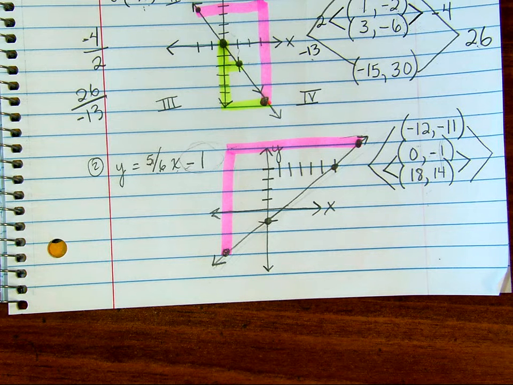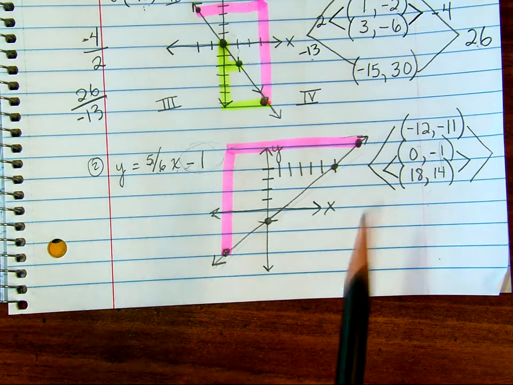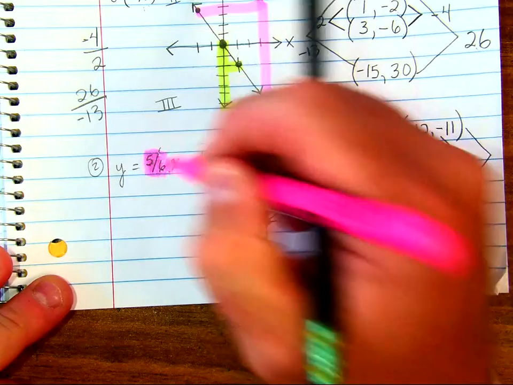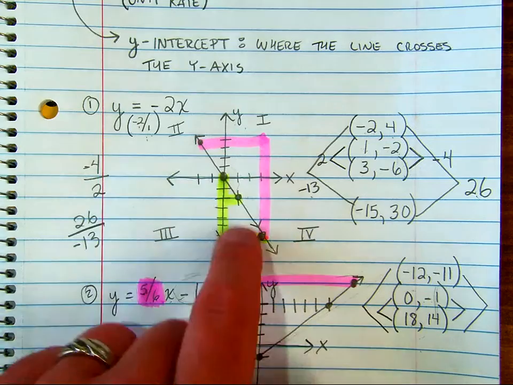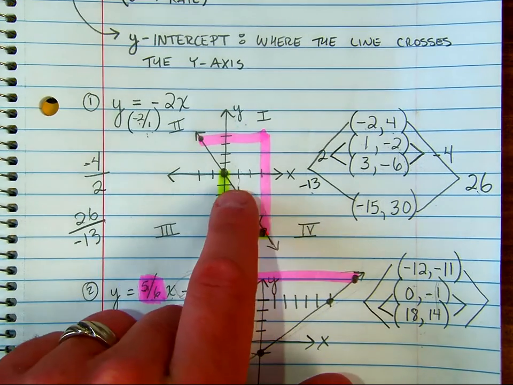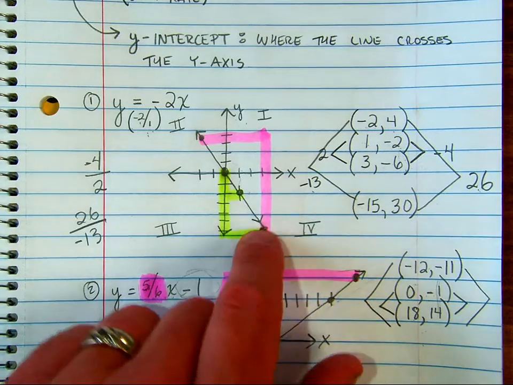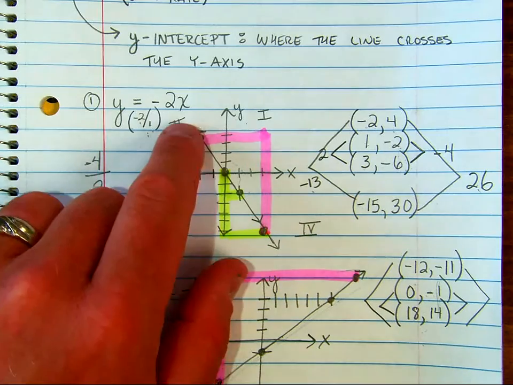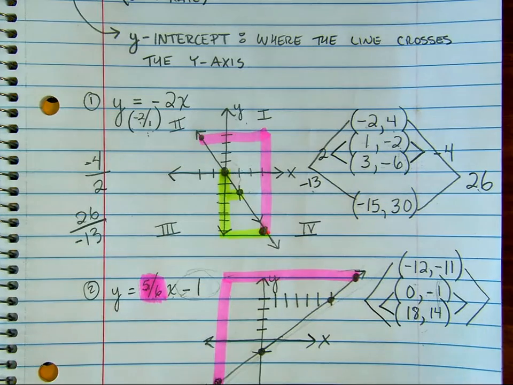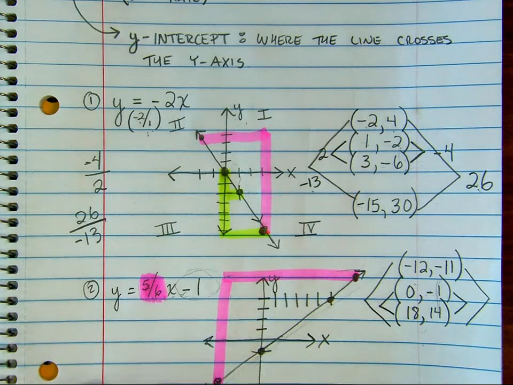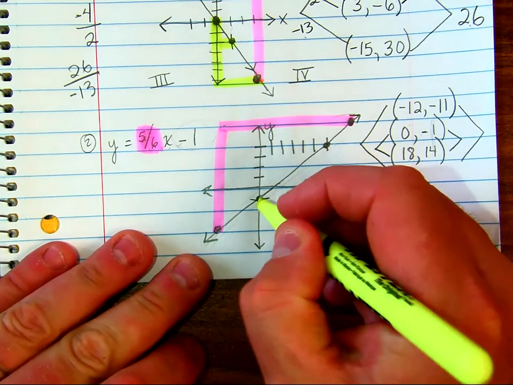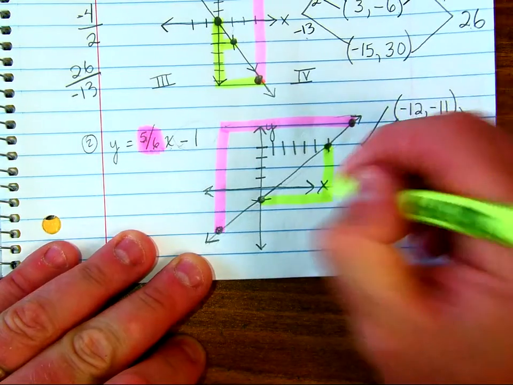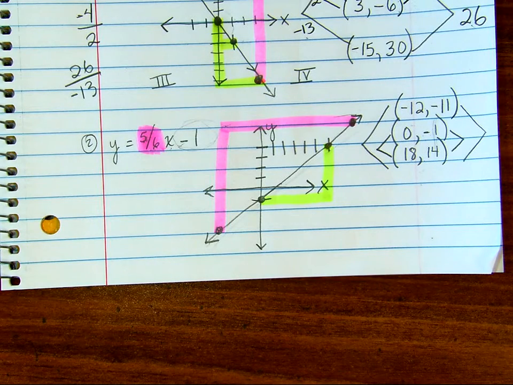Kylie? Because that's what the slope is. And like I said in the first example, no matter what point you go from, if you go from point to point, it's the same. If I go from this point to this point, what's it going to be, Kylie? 5/6. Good job.